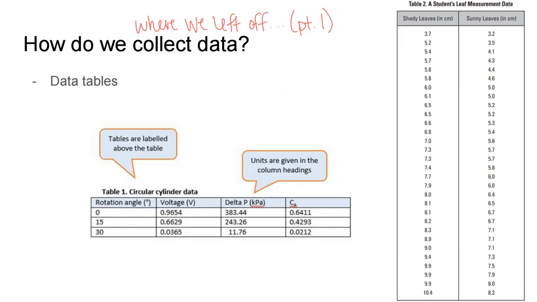In the last video, we left off at how do we collect data, and I told you that you need to organize your information while you're conducting the experiment into a data table.